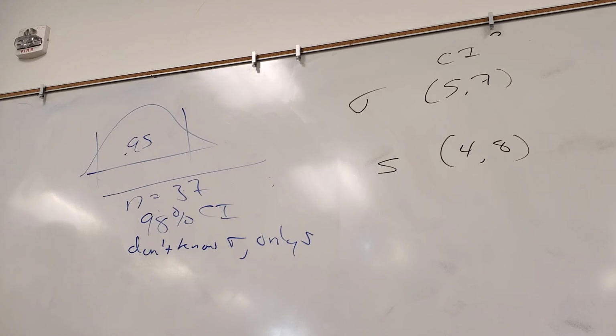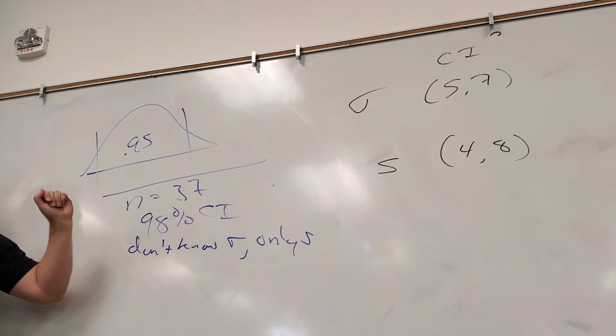I use them when I don't know sigma, when I only know S. That is it. Now, what always has to be true before I could do anything? I have to be working with a normal distribution. Is this normal enough? Yes, I didn't say it was, but n is bigger than 30.